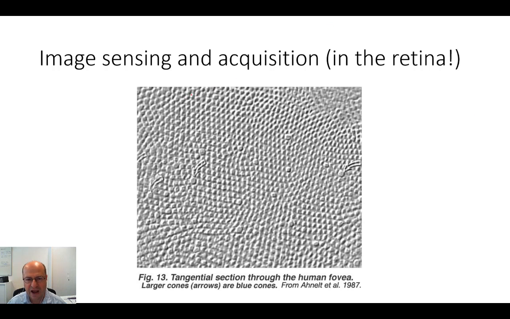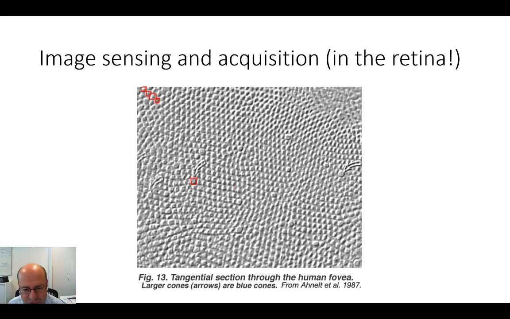This is an actual microscopic image of a human fovea. So you see these small bits here. These are the cells, the rods and cones. I'm sorry, I can't distinguish which one is rod and which one is cone.